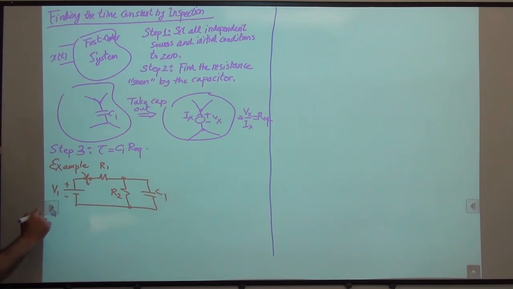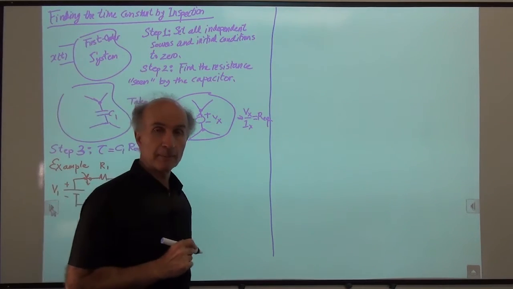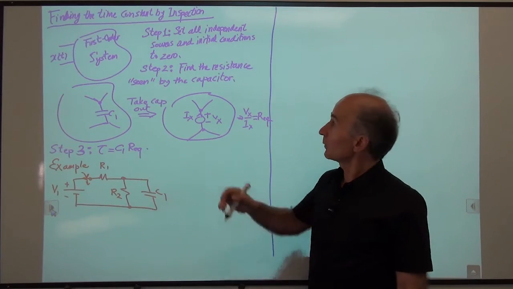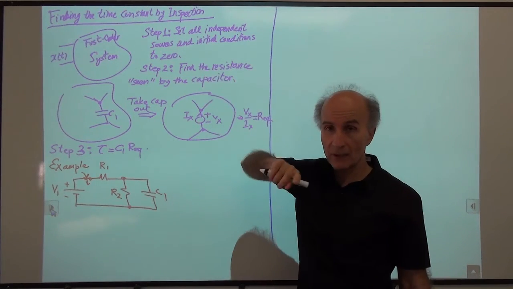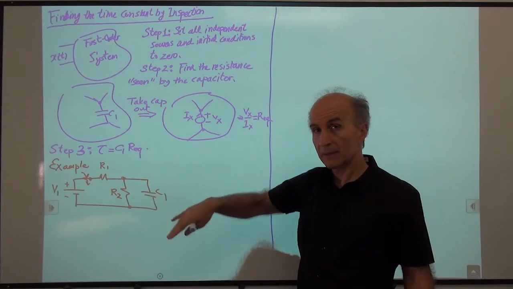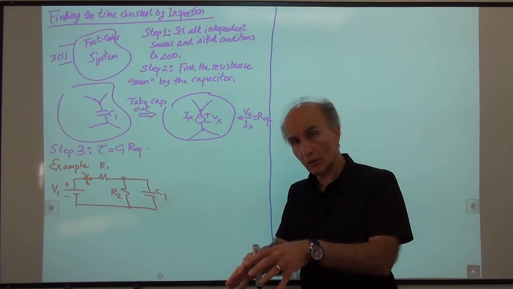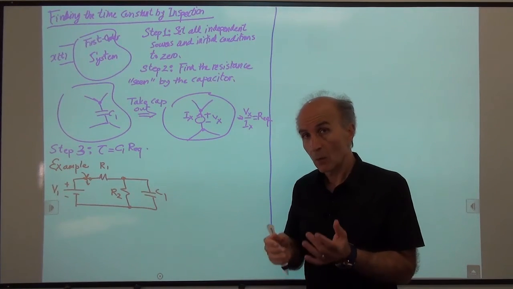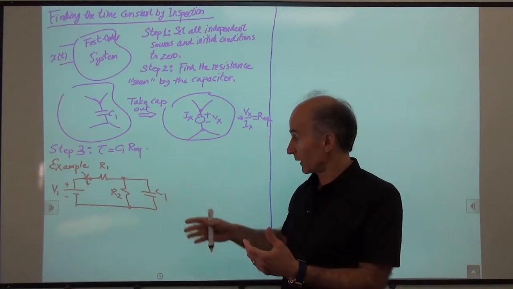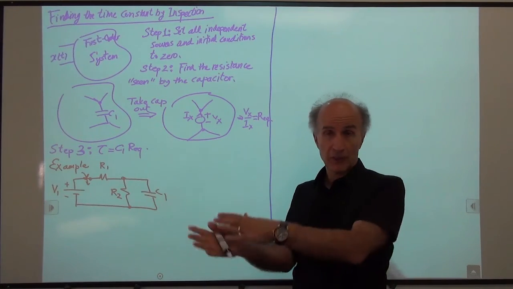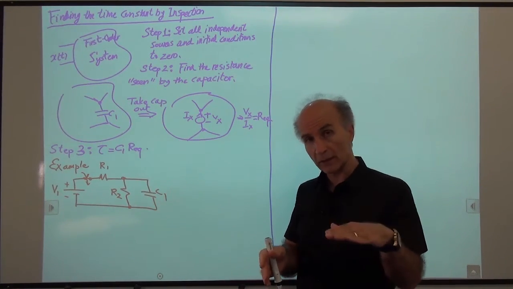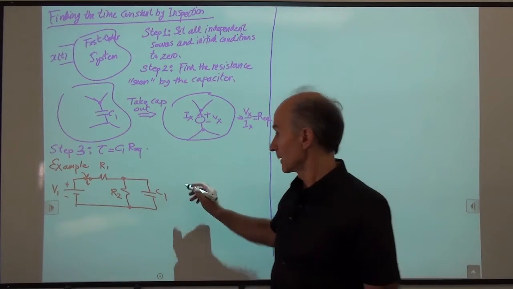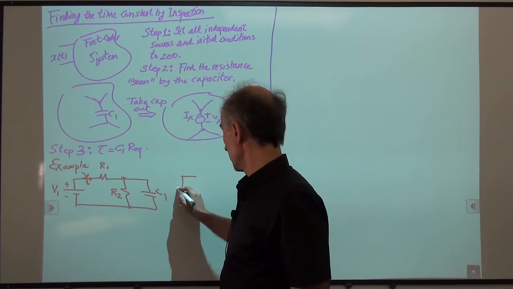The switch turned on at time 0, and we would like to find the time constant. Before we go to step number 1, we have to ask ourselves, are we considering the circuit with the switch conducting or not conducting when we're trying to find the time constant? Well, with the switch conducting, because we're trying to find this output voltage after time 0. After time 0, the switch is a wire, so we should replace it with a wire and then proceed with these steps. So the circuit is really like this.